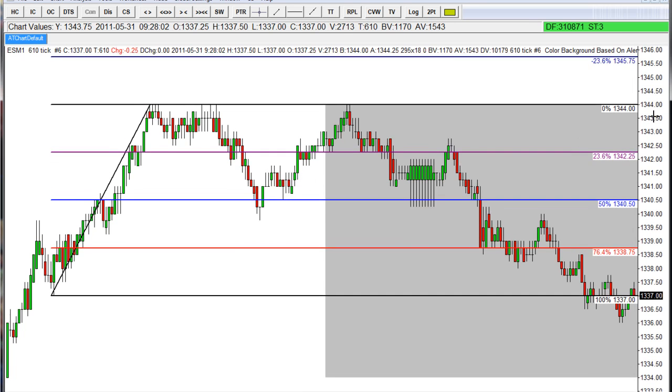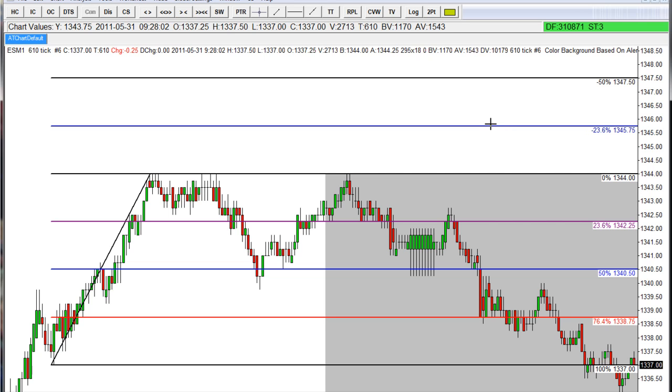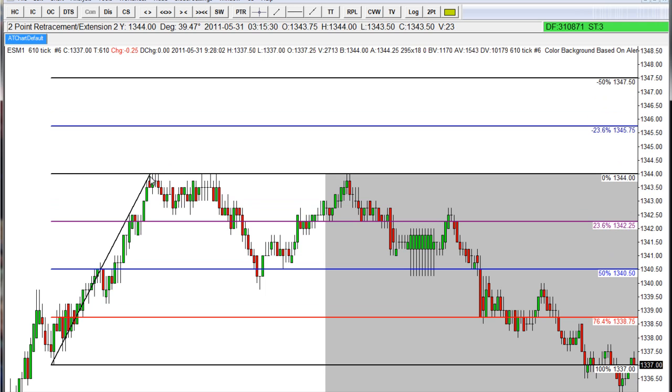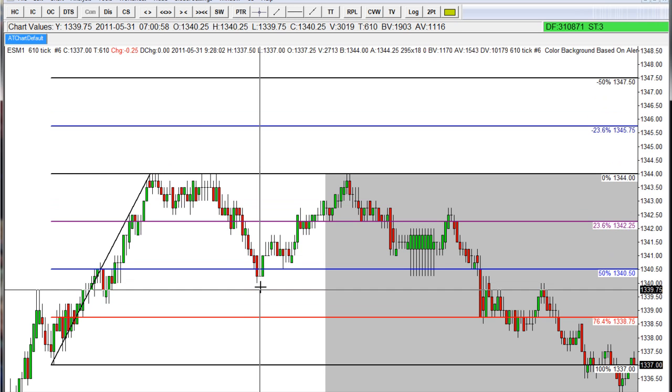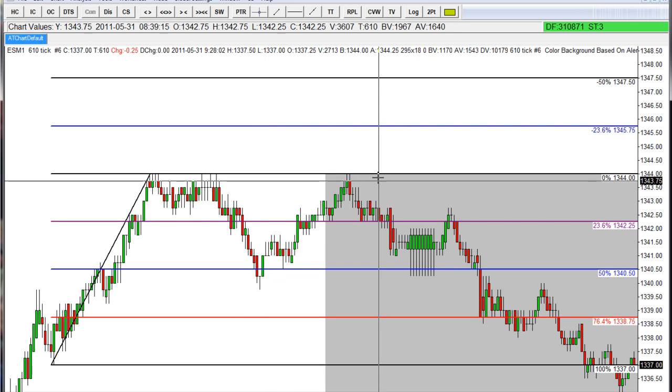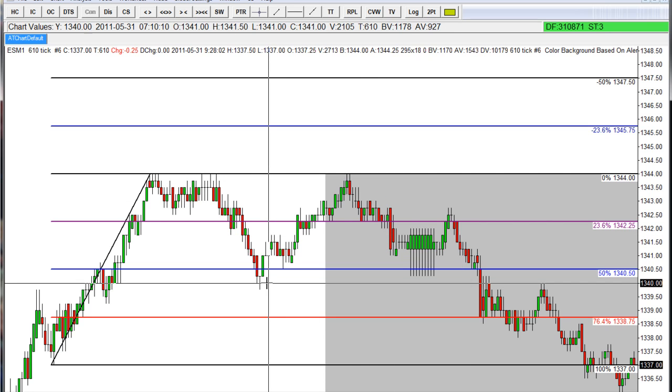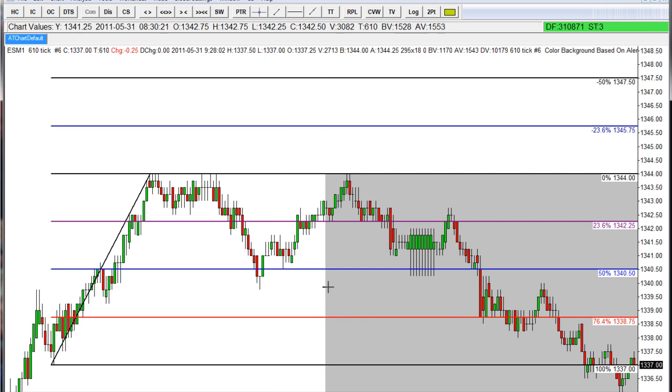Okay, and now the negative 23.6% level and the negative 50% level are levels that I use to determine whether I'm going to move the 0% level to a new pivot high, or I'm just going to draw a completely new fib. Okay, but I'm going to talk about that later once I get to how to draw the fibs. Right now I'm talking about the different levels that are used.